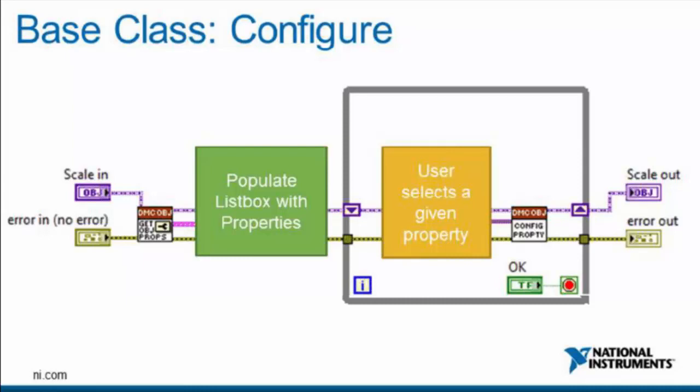It gets information, it's that pink array of clusters right there, information about the properties for whatever class was wired in. In this case, it happens to be a scale, but anything that inherits from this framework. Could populate what we had as a list box or some general indicator of those properties, and then as long as that UI is open, allow the user to select a property. When they do, call the configure property method, where that child class gets to say what it means to configure it.